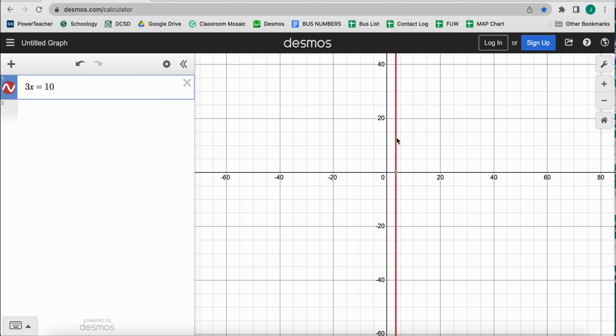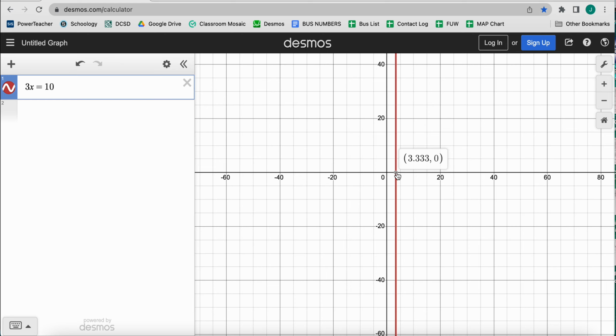So what I'm going to do is I'm going to click on the line, and you see this gray dot right here where the line intersects the x-axis, this horizontal axis. I'm going to hover my mouse over it, and I'm going to take a look at what's there. So you see two numbers there, 3.333, comma 0. That's an ordered pair. It's a dot on a graph.